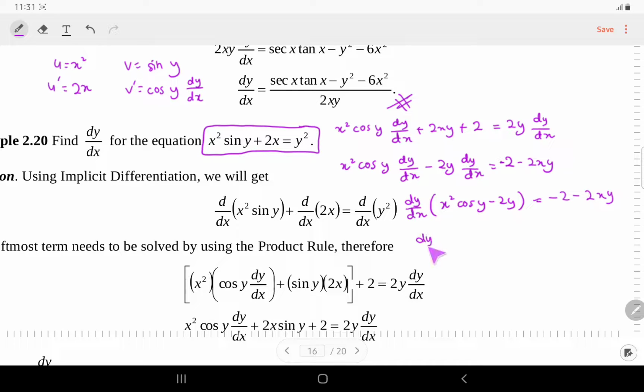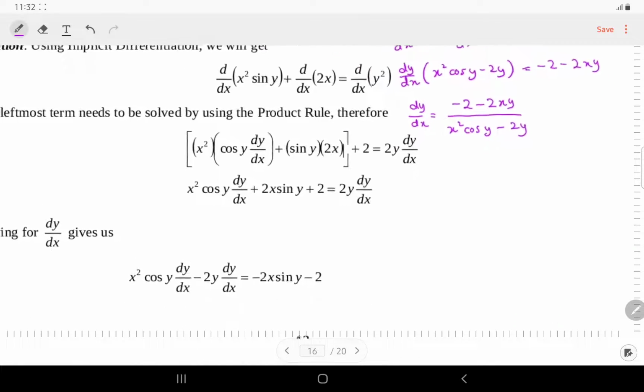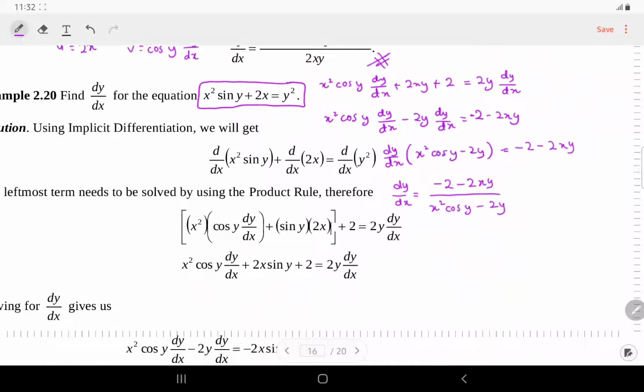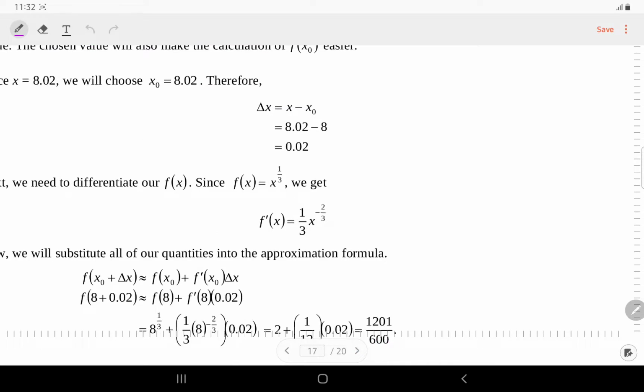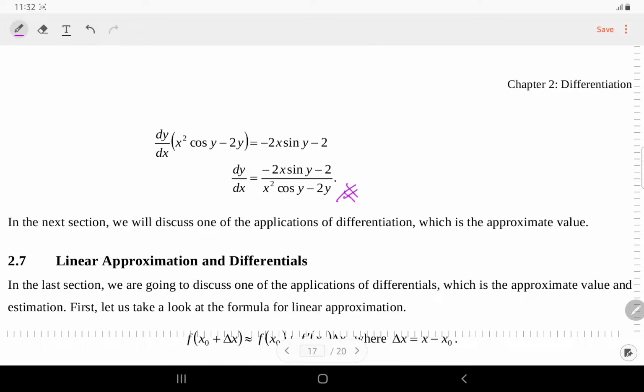Then our dy over dx will be negative 2 minus 2xy divided by x squared cos y minus 2y. So you can check here, we have the same answer comparing to the solution in this book. Okay, same as before.